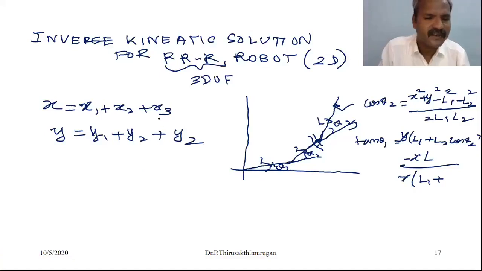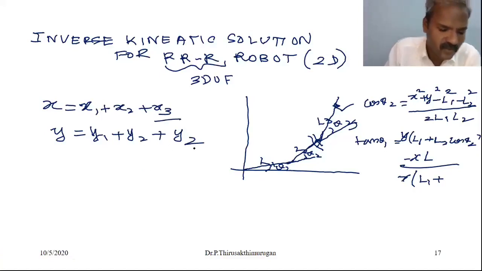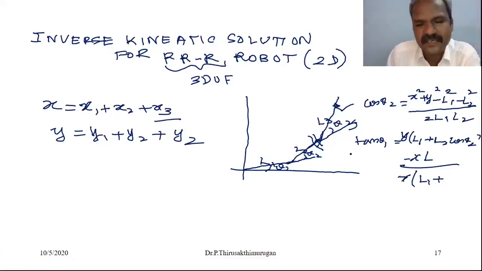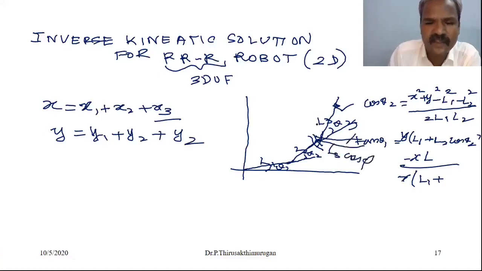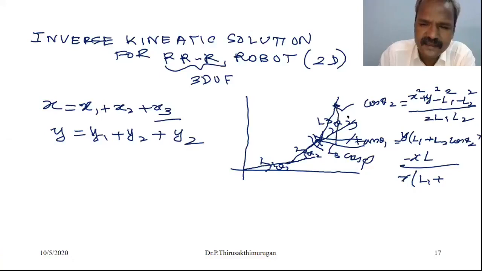You see here, what is x3? x3 equal to x2, up to x2 we have, right? x2 minus L3 cos phi. This distance is L3 cos phi. Similarly, this distance is L3 sin phi. So we are considering up to this.